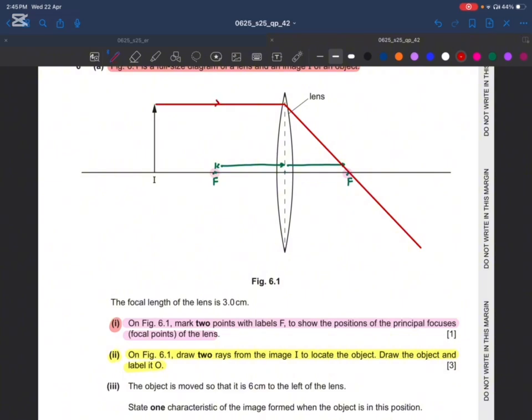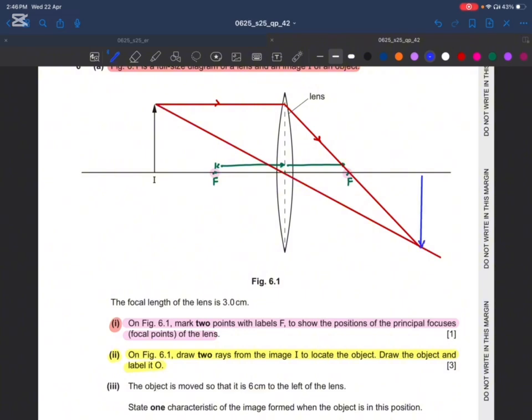This is the first ray which you will use to draw the object over here. And the second ray is the ray which will pass through the center of the lens, and without bending it will go straight through the lens. So now this is the position where you will have your object.